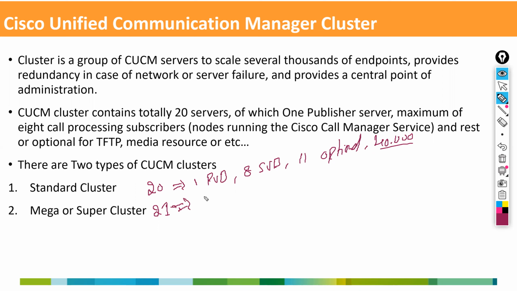Out of this, one pub, 16 subscribers, 2 TFTP, and 2 optional. Here we can register 80,000 IP phones, double the 40,000.